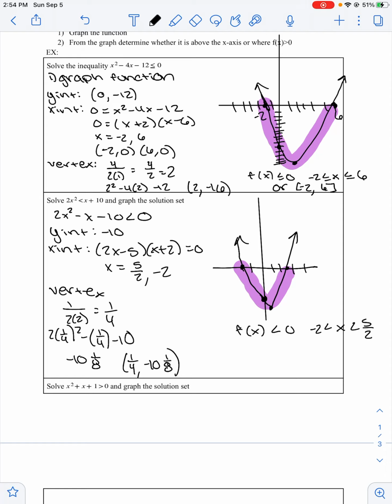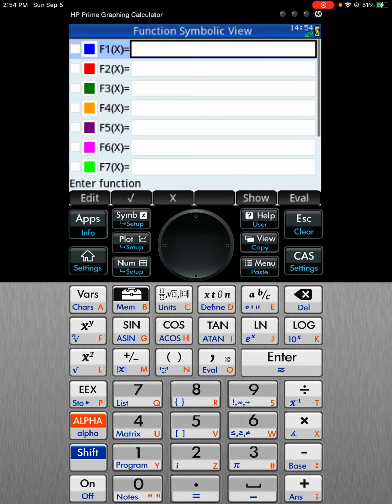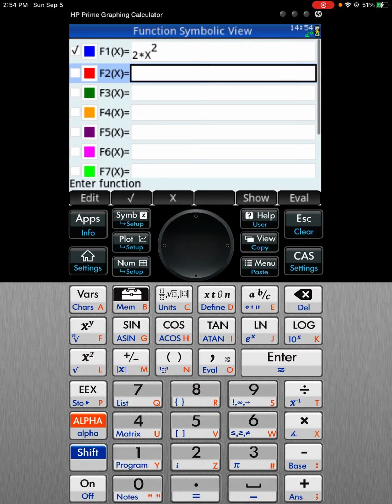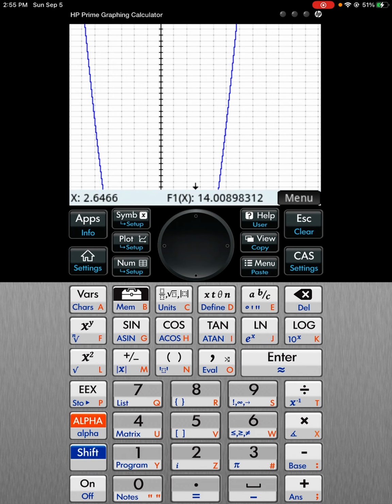So something else we could do is graph the two equations. One is y equals 2x squared and one is y equals x plus 10. When you graph these, let's go ahead and put those in the graph. So we have 2x squared and we have x plus 10. Plot.